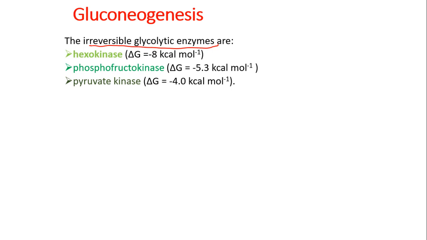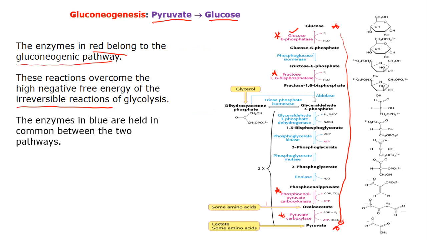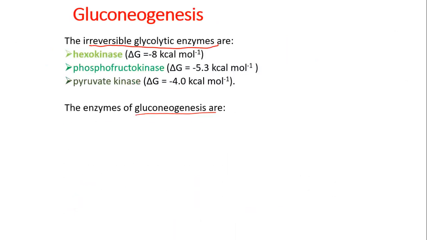Then we have the enzymes of gluconeogenesis. In short, the enzymes that take place in the process of gluconeogenesis. So if you remember very well, the enzymes that are taking place in gluconeogenesis are the ones which I marked red. So you have this one, you have that one, you have that one, and lastly you have that one. So let me quickly look at these enzymes. The first enzyme you need to know is pyruvate carboxylase. So you need to understand that this takes part in gluconeogenesis.